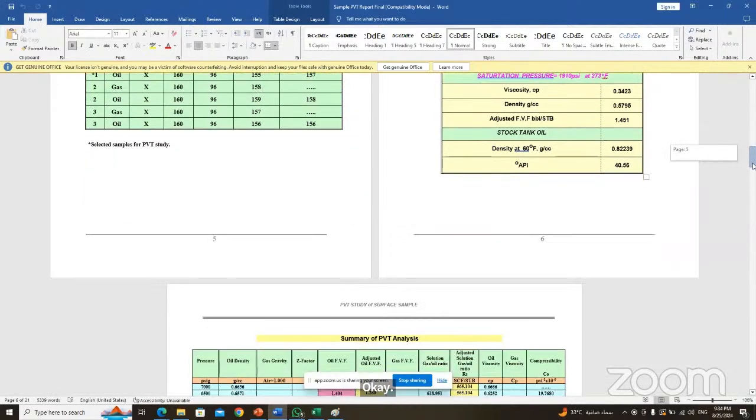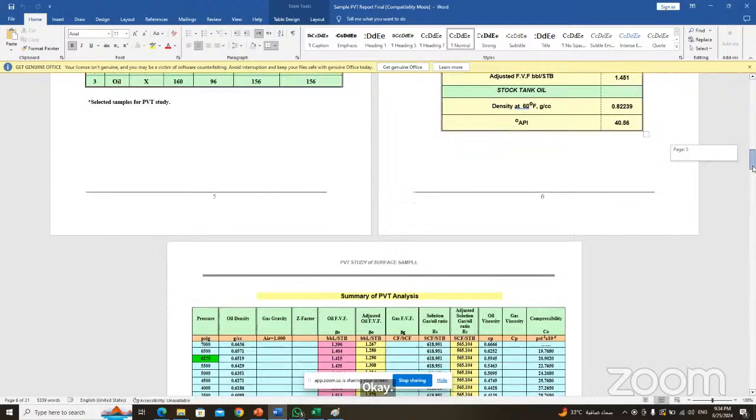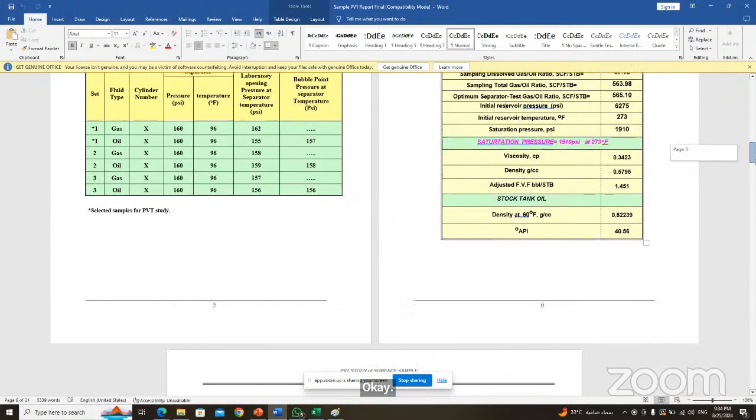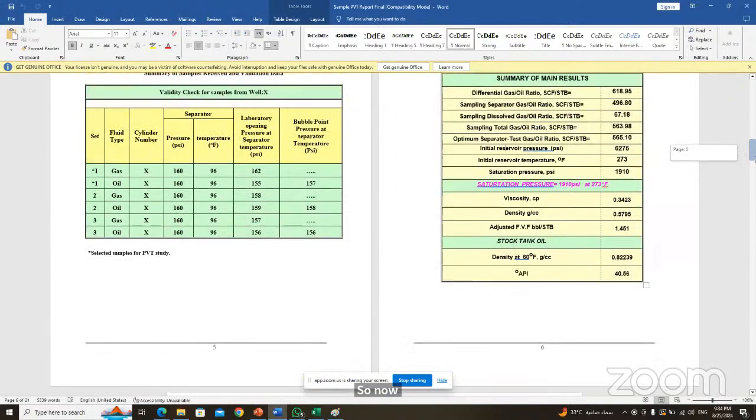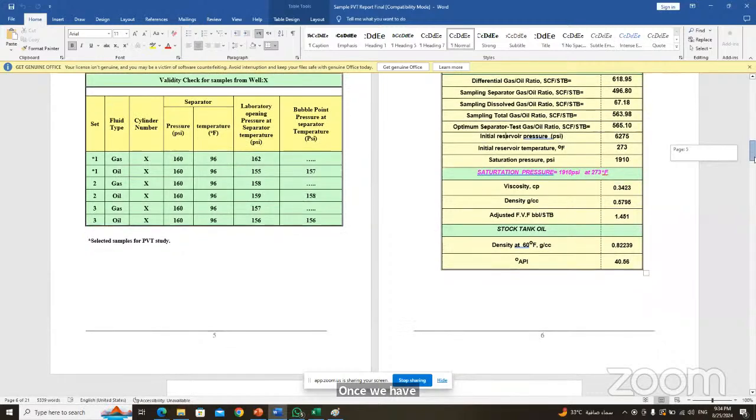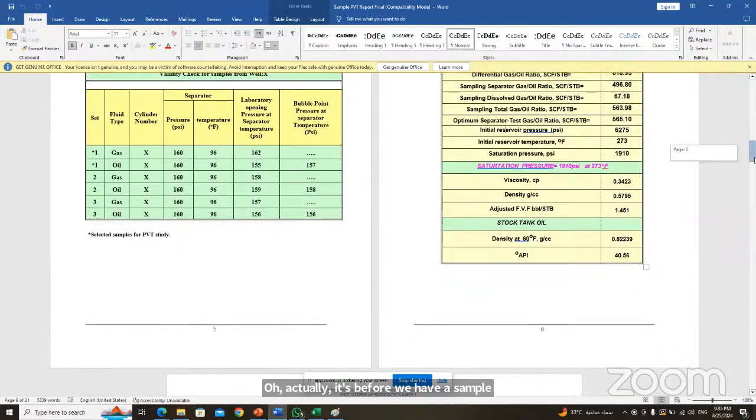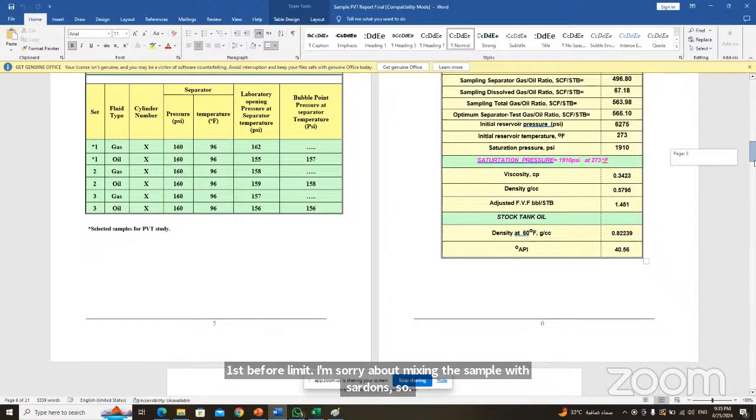So now, actually it's before we remix the sample that we start doing the test. The first thing that we measure is the composition.